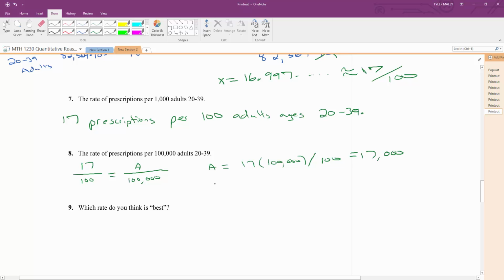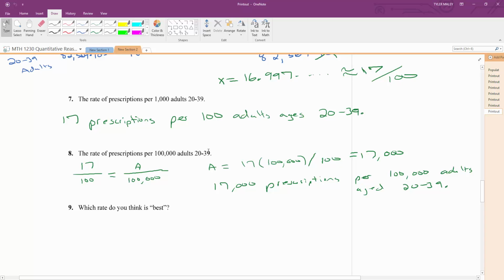So there's 17,000 prescriptions per 100,000 adults aged 20 to 39.